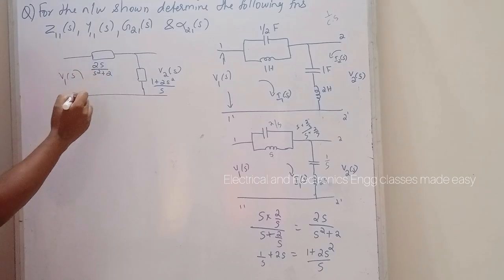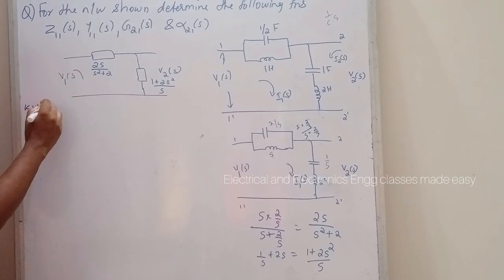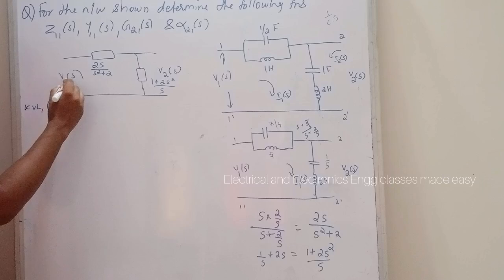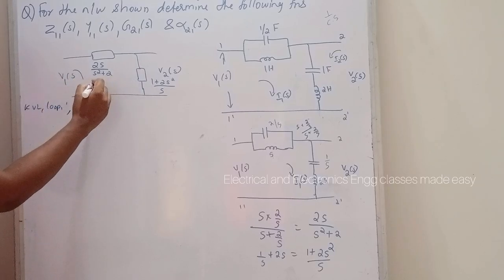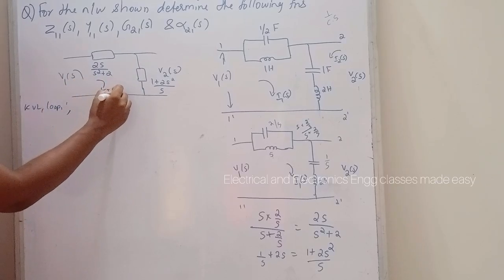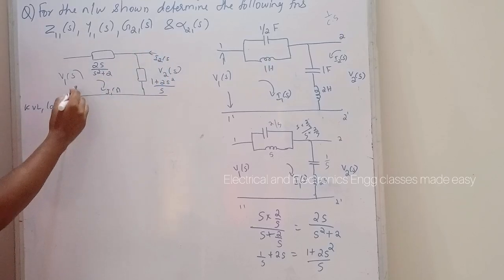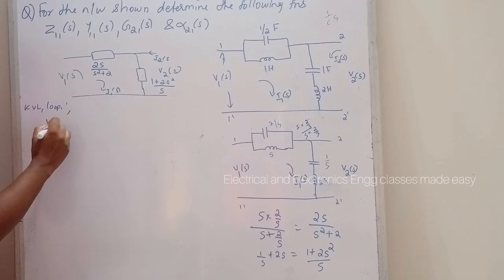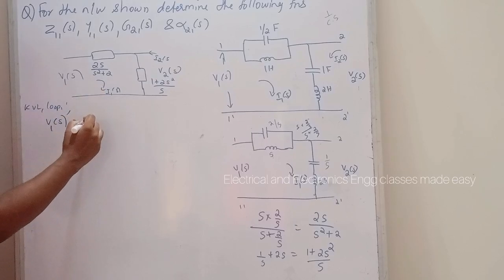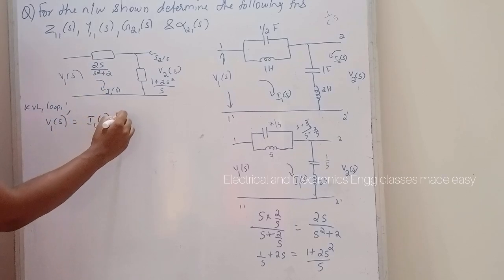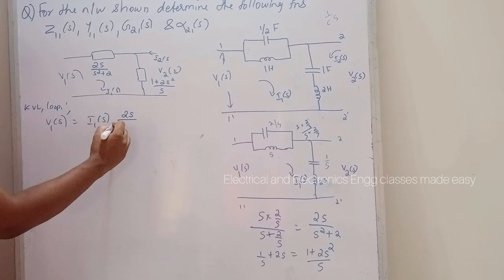Now we can apply KVL for the loop 1. So this is I1 of s and this is I2 of s. So while applying KVL, we will get V1 of s is equal to I1 of s into 2s divided by s square plus 2.